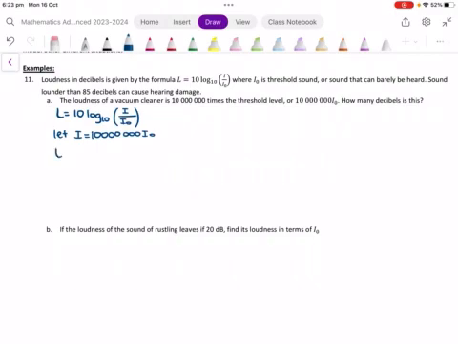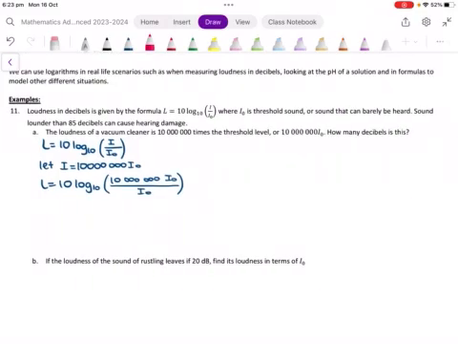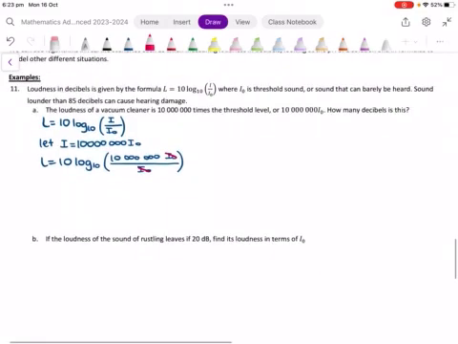So when we sub this in, we get L equals 10 log base 10 of 10 million I0 over I0. Now what happens here is our I0s cancel out. So we just get that L equals 10 log base 10 of 10 million.